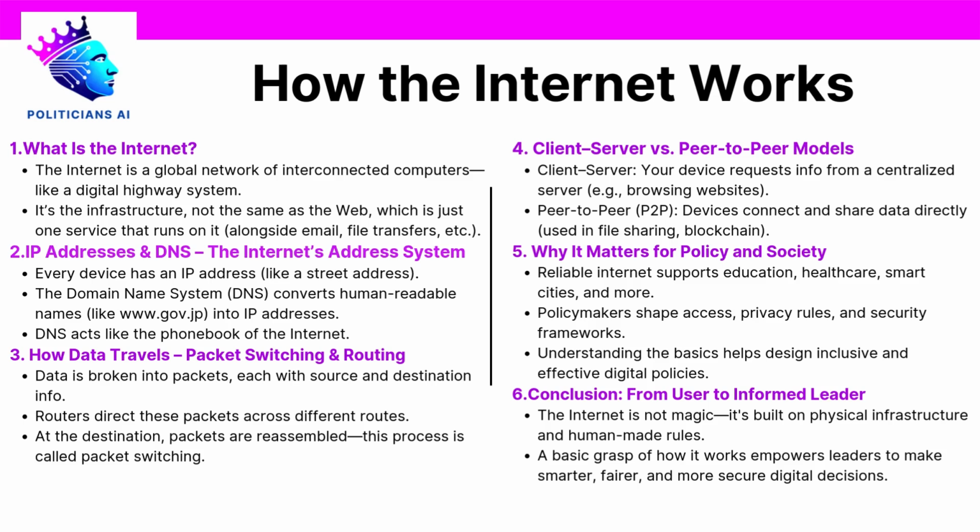Now let's break down some key components of how the Internet functions. First, IP addresses. Every device on the Internet has an IP address, which stands for Internet Protocol Address. You can think of it like your home address. It tells the Internet where to send information. There are two versions of IP addresses. IPv4 is the original format, but it's running out of space. IPv6 is the newer version, with almost infinite possibilities.